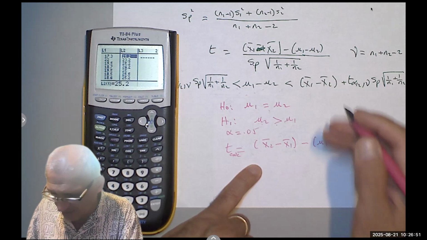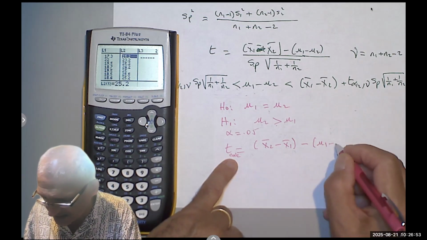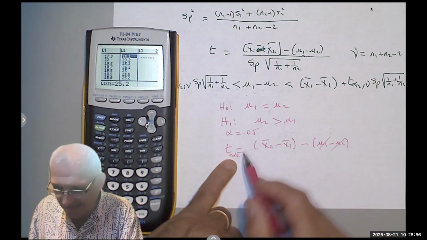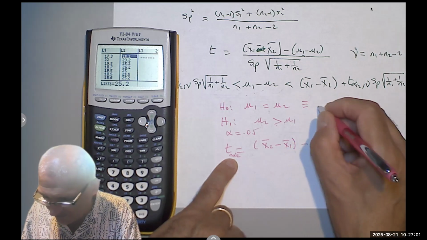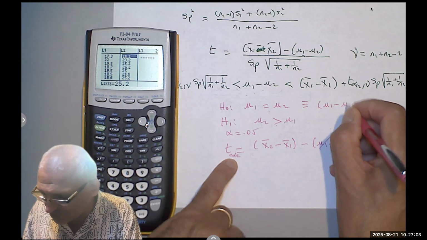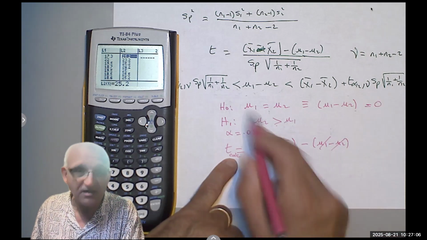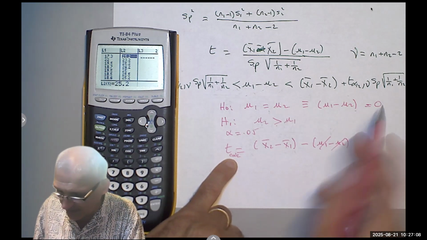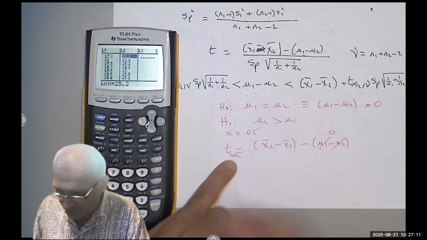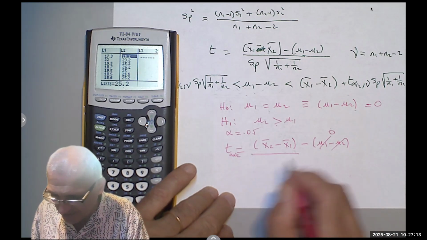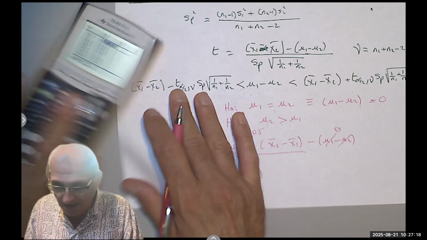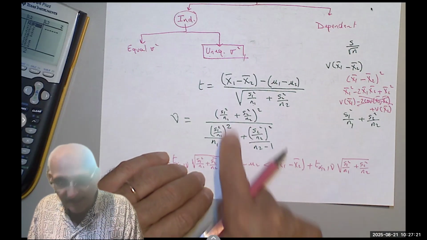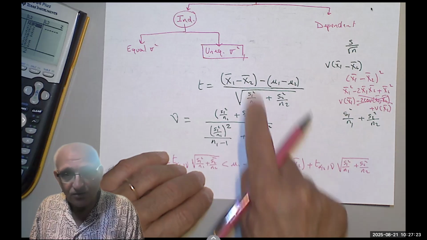So when we do the t calculated, that would be 0, right? I told you we get that from the null hypothesis, and this would be written equivalently. I can say mu1 minus mu2 equals 0, right? If they are equal, then their difference is 0. So when I do the difference, I get 0. So it's only x2 bar minus x1 bar over the square root of s1 square over n1 plus s2 square over n2, right?